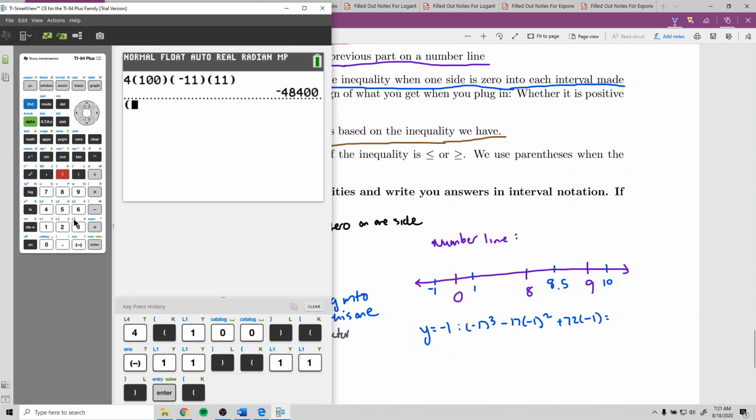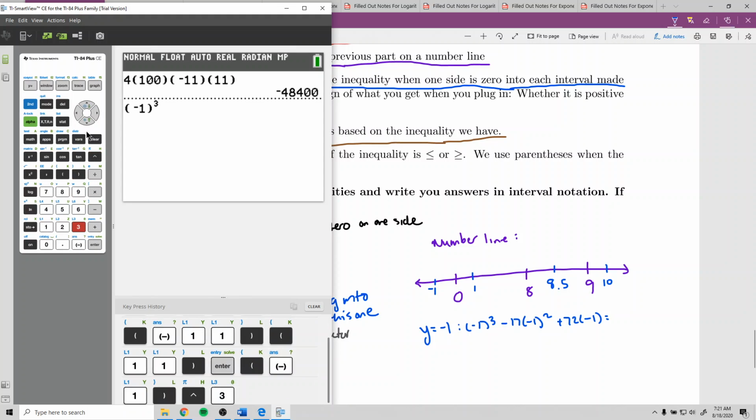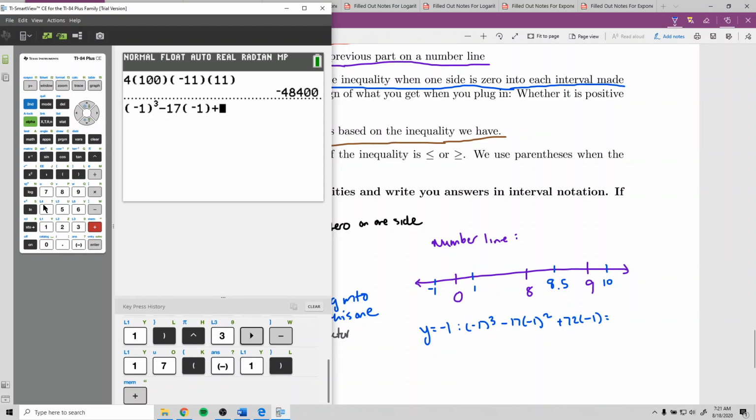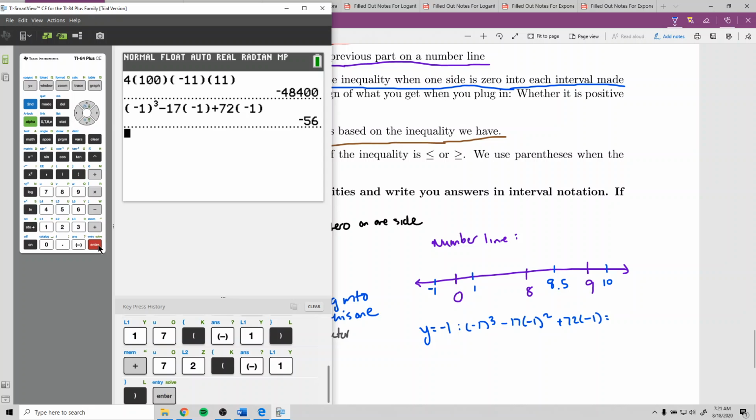And like I said, I'm just going to use my calculator here because all you're doing is plugging in numbers. Plus 72 times -1 is -56.